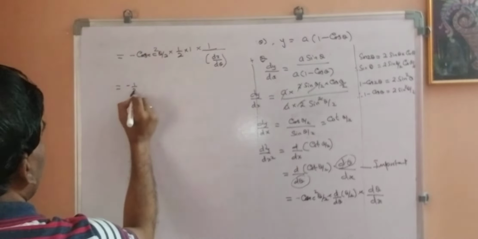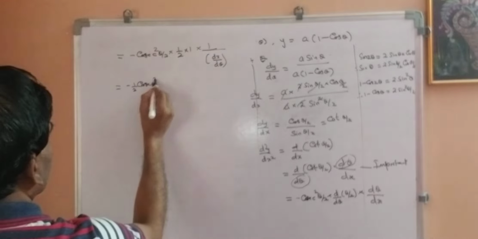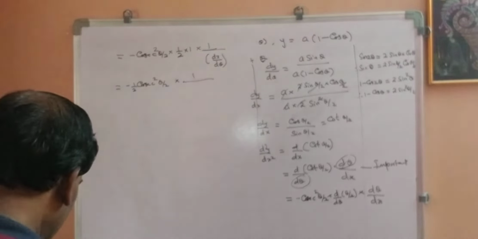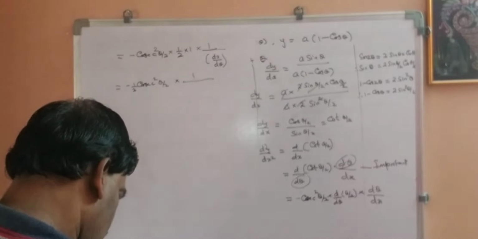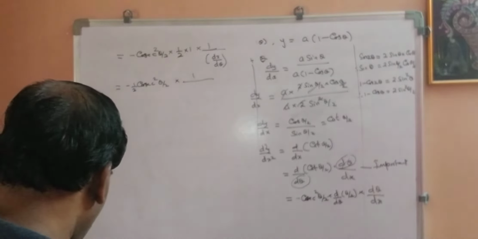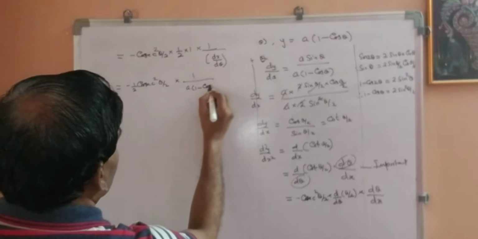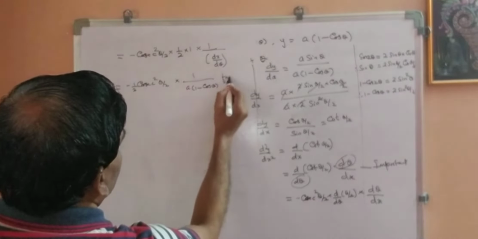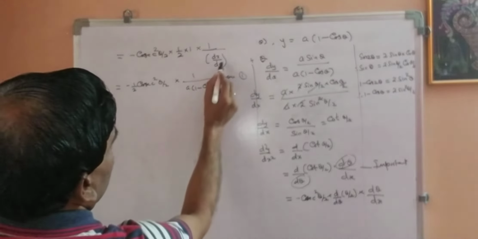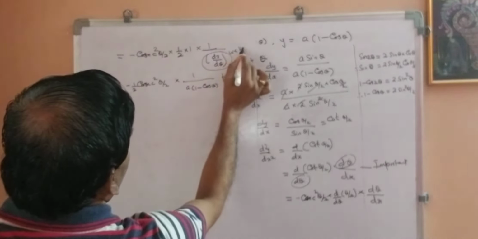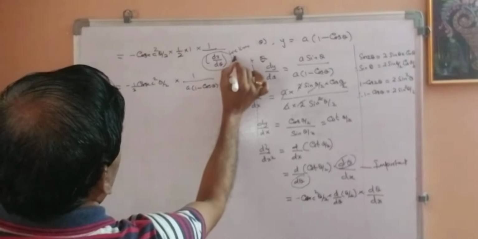So minus 1 by 2 cosec square theta by 2 into 1 upon, what is dx by d theta? We got it. You see, a into 1 minus cos theta from equation 1. This we got. We know this value.